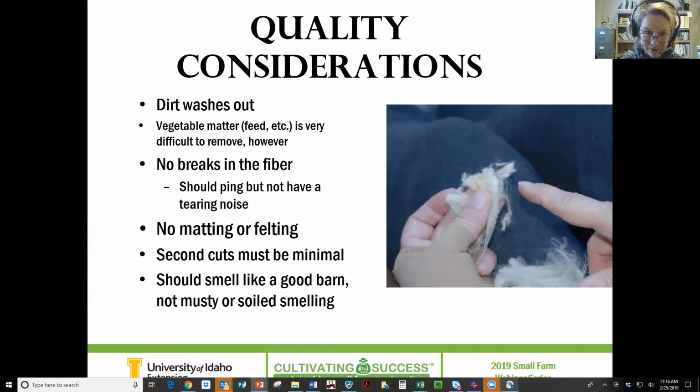So, quality considerations. Dirt washes out well, but vegetable matter like feed is very, very difficult to remove. I have a little lock here, and it's got just a little bit of grain in it.